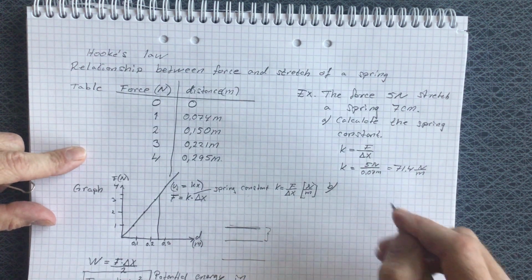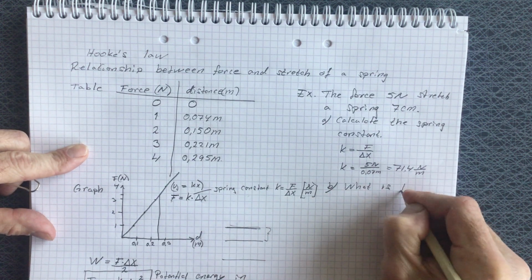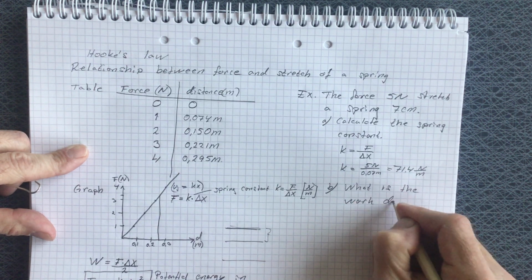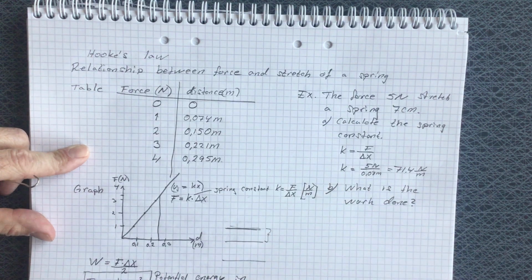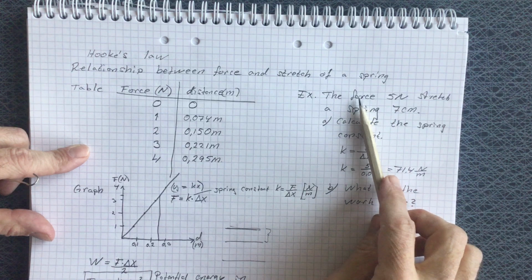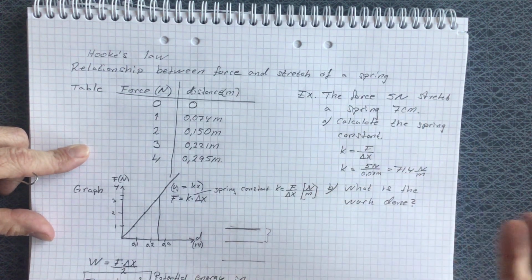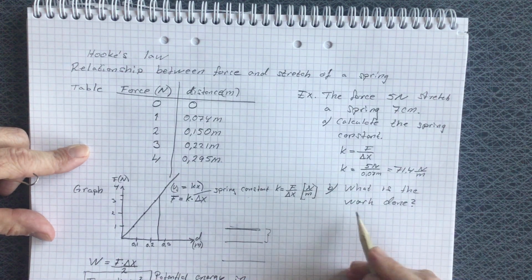Okay, the second one. What is the work done? So, I don't know what it is that gives this force 5 Newton, but what it is doing is a work. What is the work done?